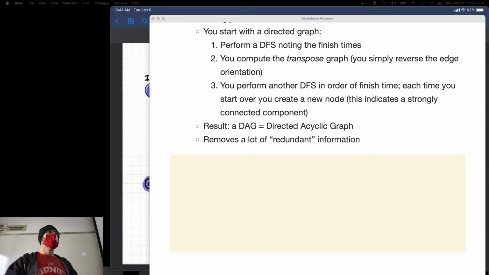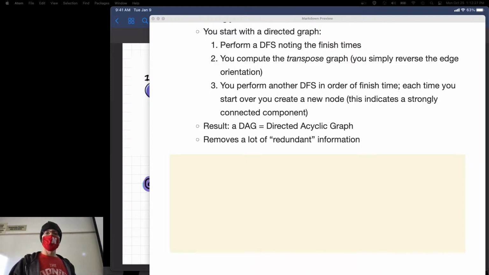What if you ended up with a condensation graph that was exactly equivalent to the original graph? It's already a DAG. So there are lots of questions you can answer just by producing a condensation graph. Do you get a smaller graph? No, it's exactly the same graph that I started with. Then it was already a DAG.